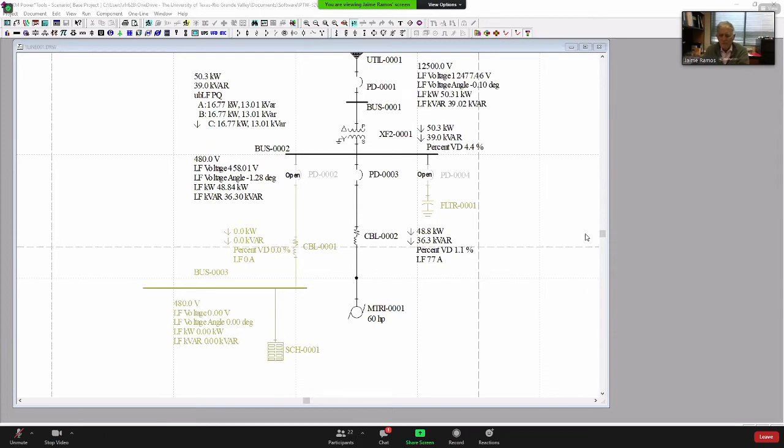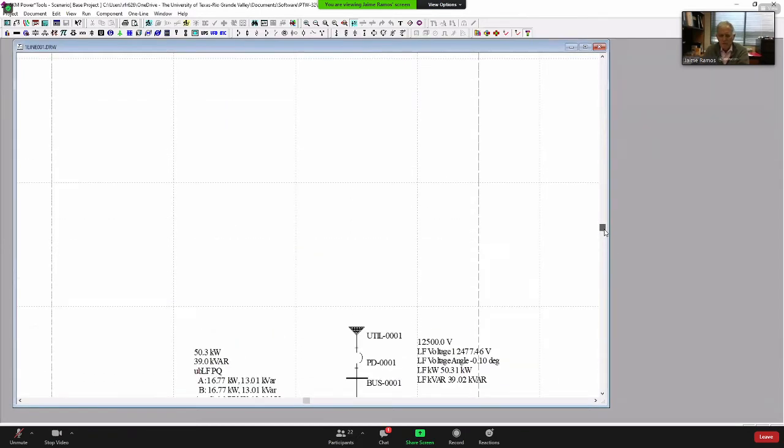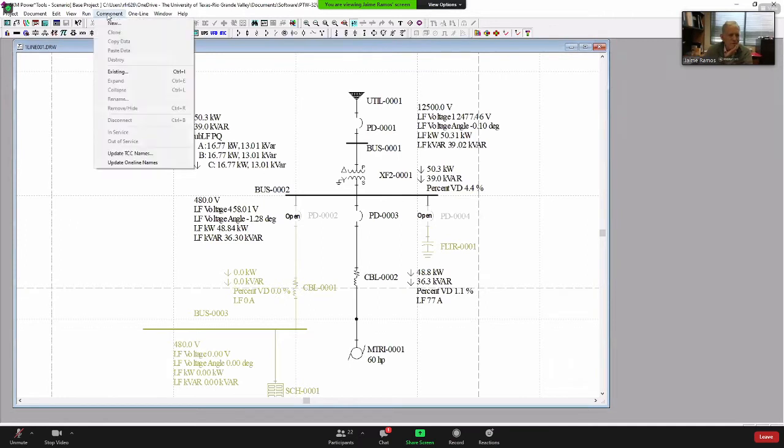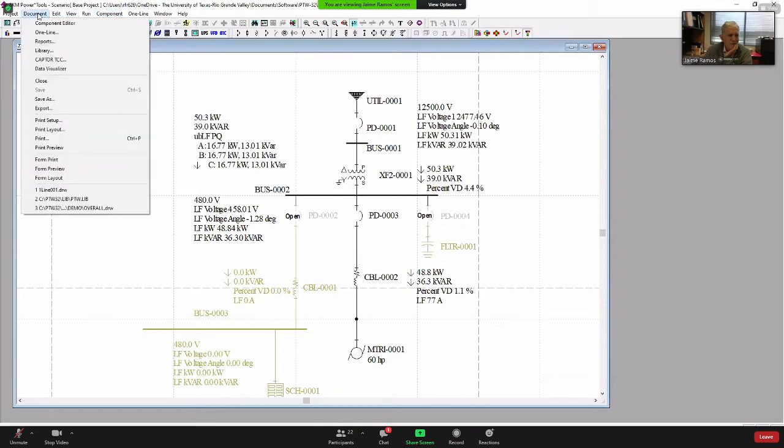Yeah, that's what mine does as well. It opens a component editor. Okay, so that's this file here. So then now let's go to documents and then click on the one line.